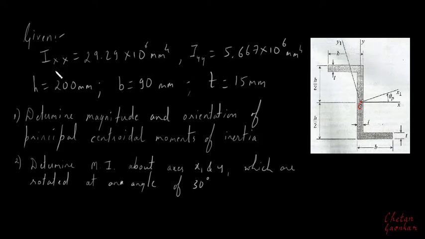The x-axis is the centroidal axis passing through C, and y is the y-axis passing through C. They have already given us the moment of inertia about those axes.